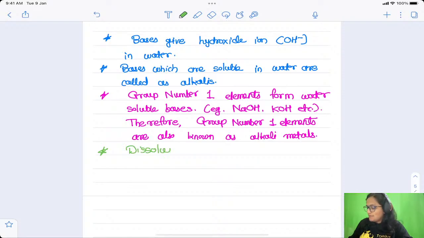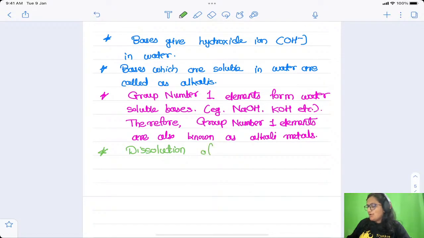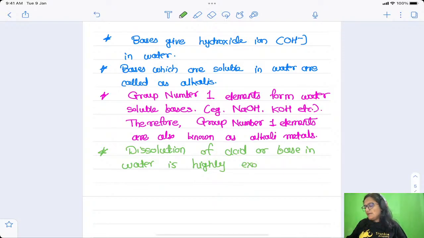Dissolution, that is dissolving, of acid or base in water, that is preparing the aqueous solution, is a highly exothermic process. Exo means out, therma stands for heat. This reaction is a highly exothermic process.